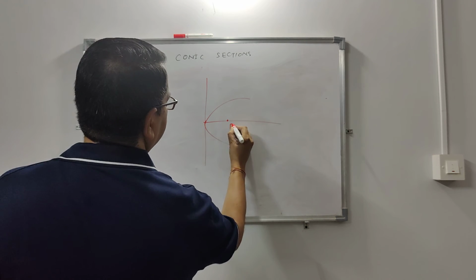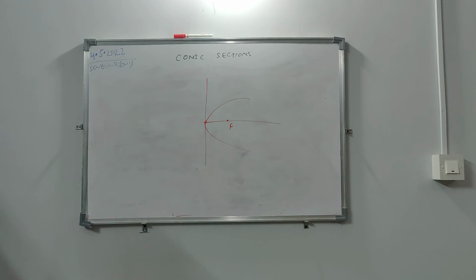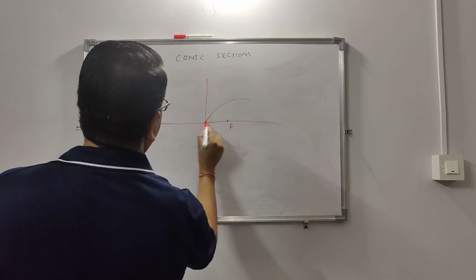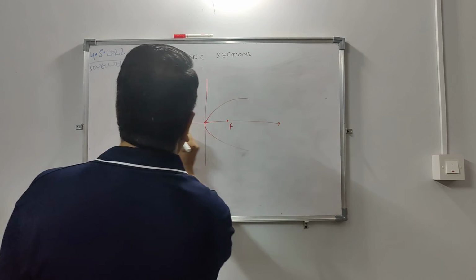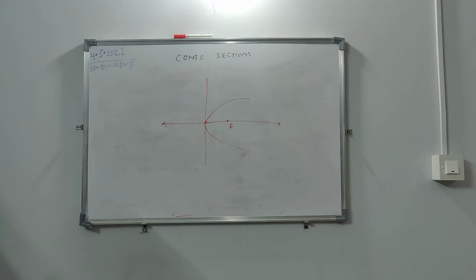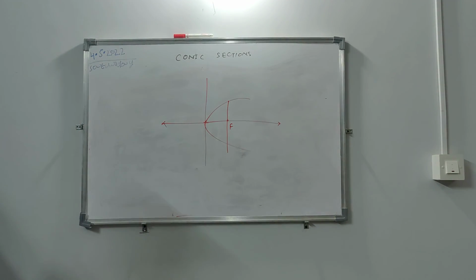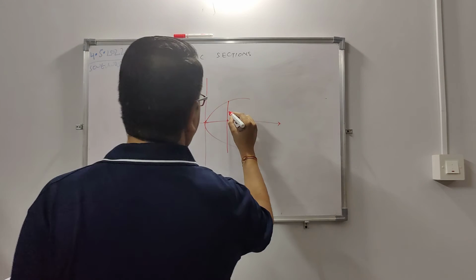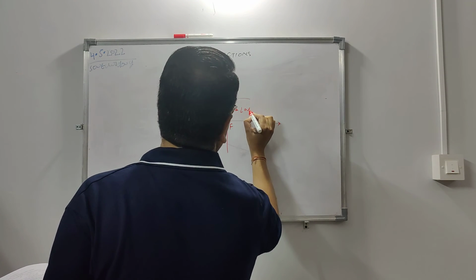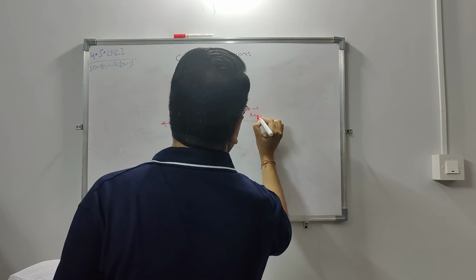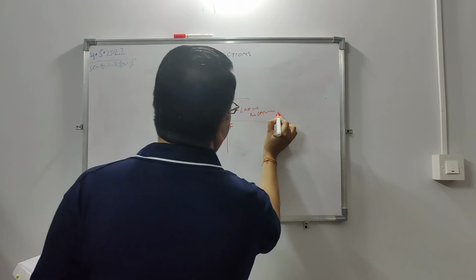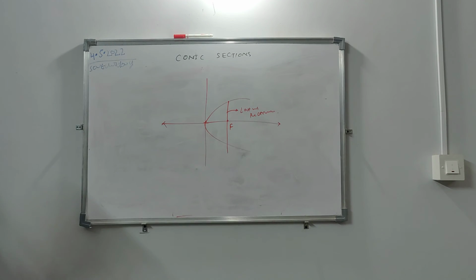The latus rectum is perpendicular to the axis of the parabola, and it passes through the focal point. Then this is called the latus rectum, whose magnitude is 4a. So this is my latus rectum.